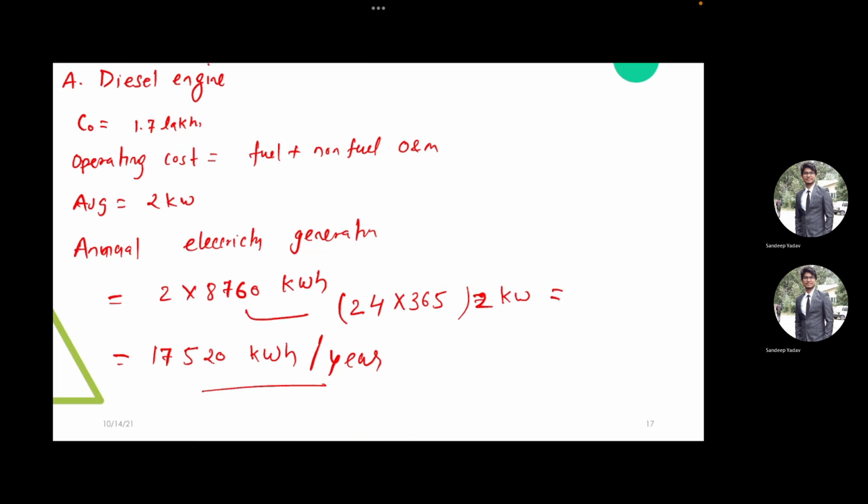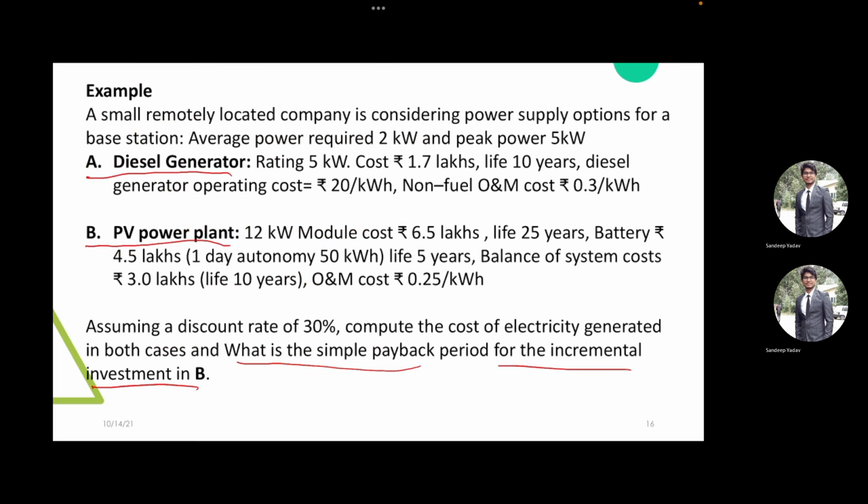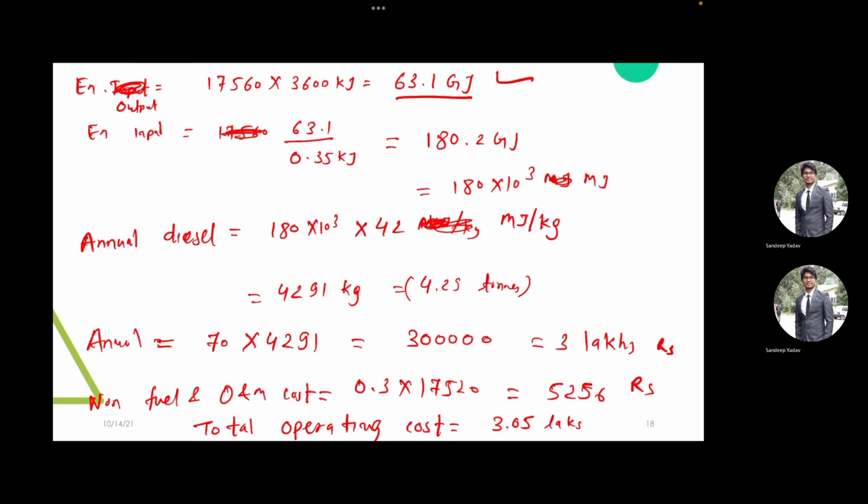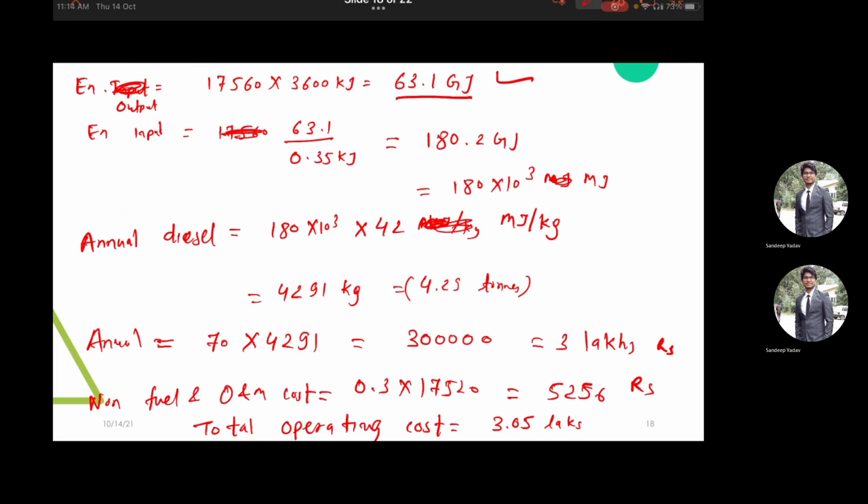These things have not been given in the question. We can solve it in an easier way. Let me recalculate it. So just a minute.